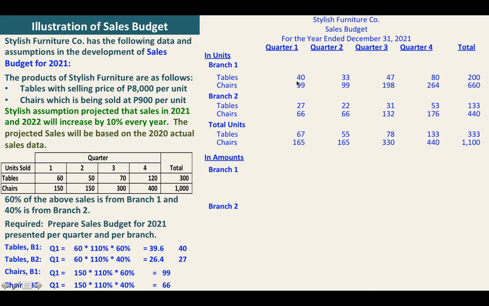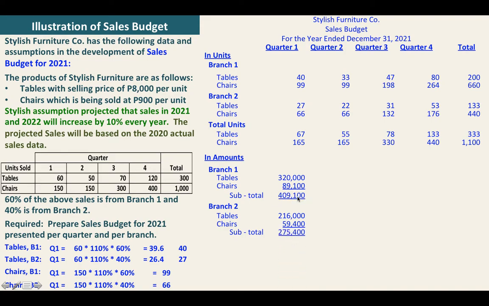So here you just have to multiply by the selling price. So 40 times the selling price of 8,000 will give you the respective amounts, okay? And for the chairs, 99 times 900 per unit will give you 89,100, okay? So here you have the subtotal.